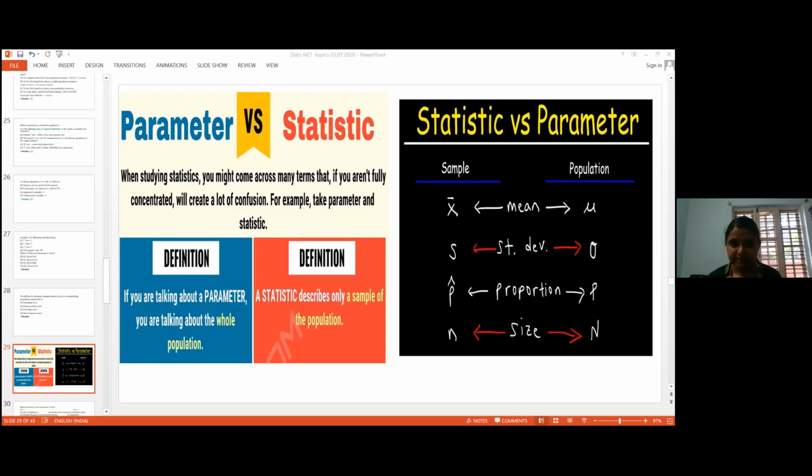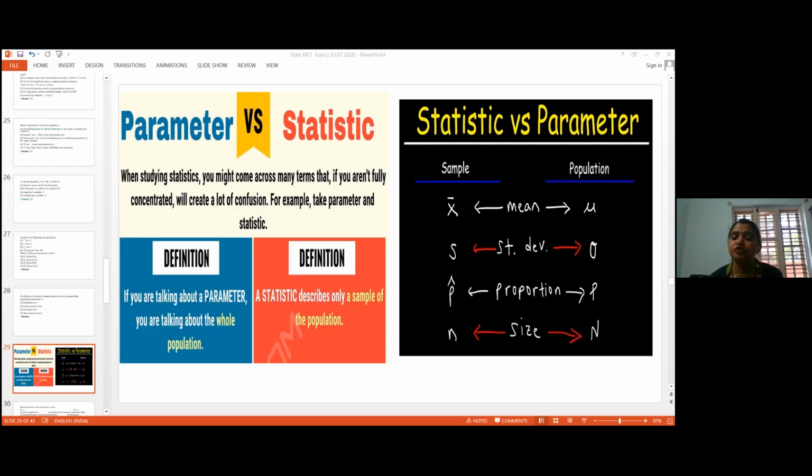Parameters and statistics are two very, very common functions. Statistic, it's not the subject statistics or the discipline, it is a statistic. They both are mathematical functions. When we talk about the entire population and we say population mean, population standard deviation, population correlation, population variance, all of it are called parameters.